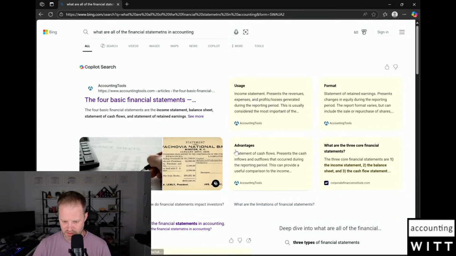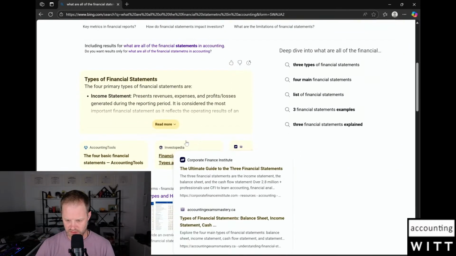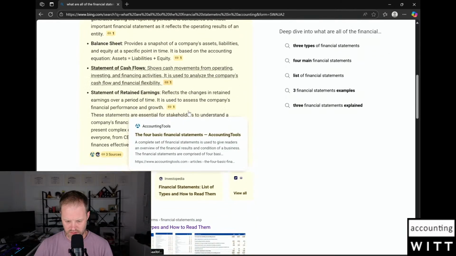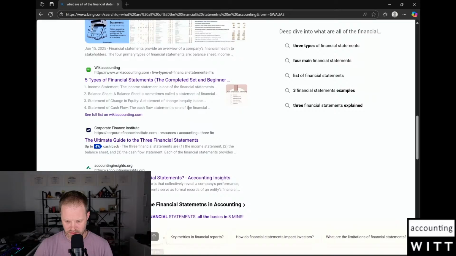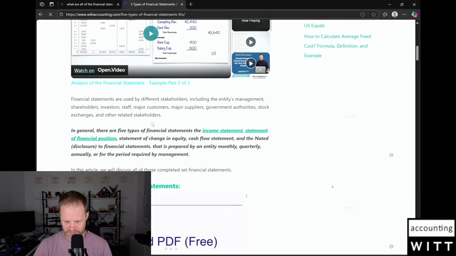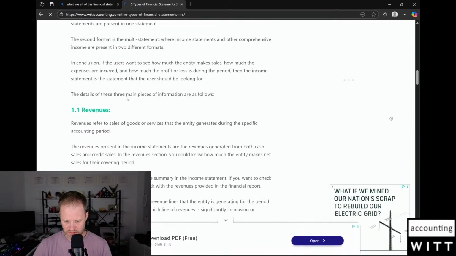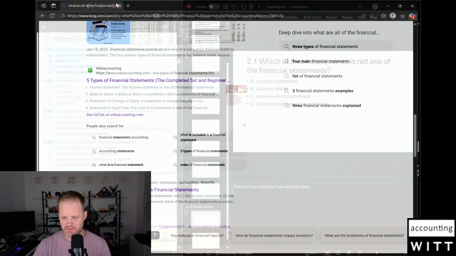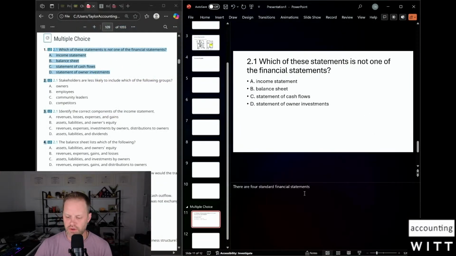There's the 4 basic ones, but where's the non-basic ones? No, I don't like any of this. All right, might have to just use chat. Okay, anyways, this is as simple as just memorizing what the 4 statements are.